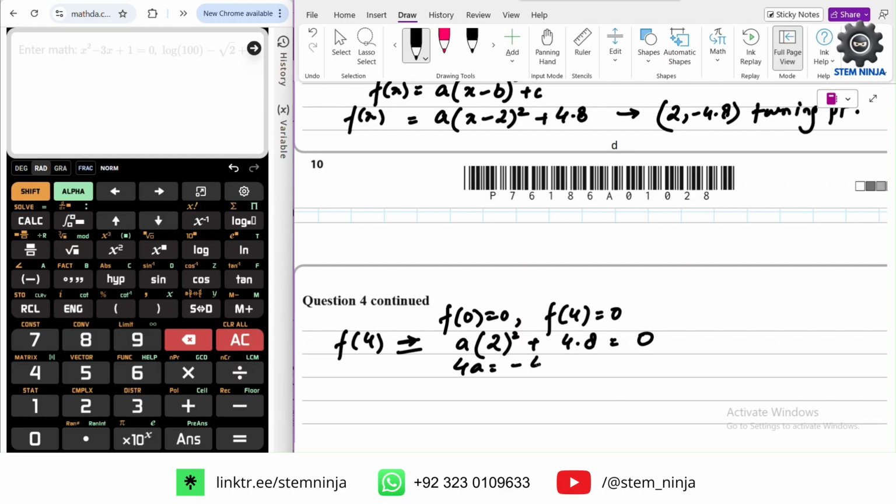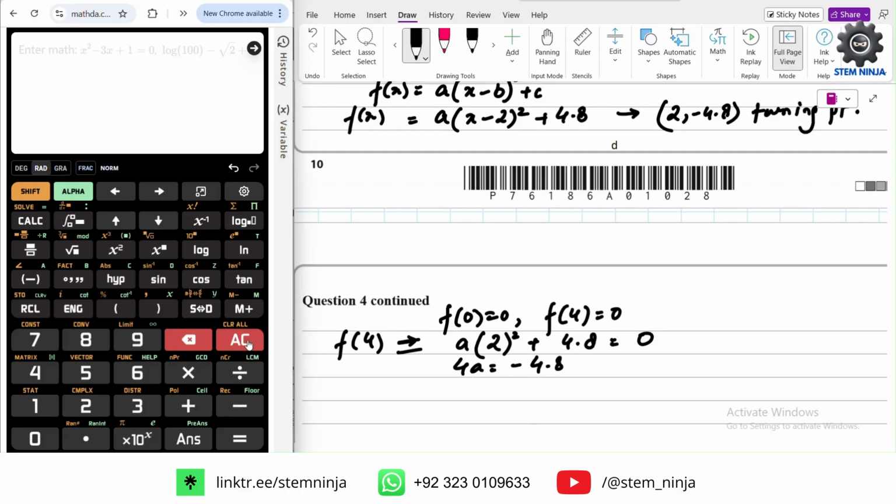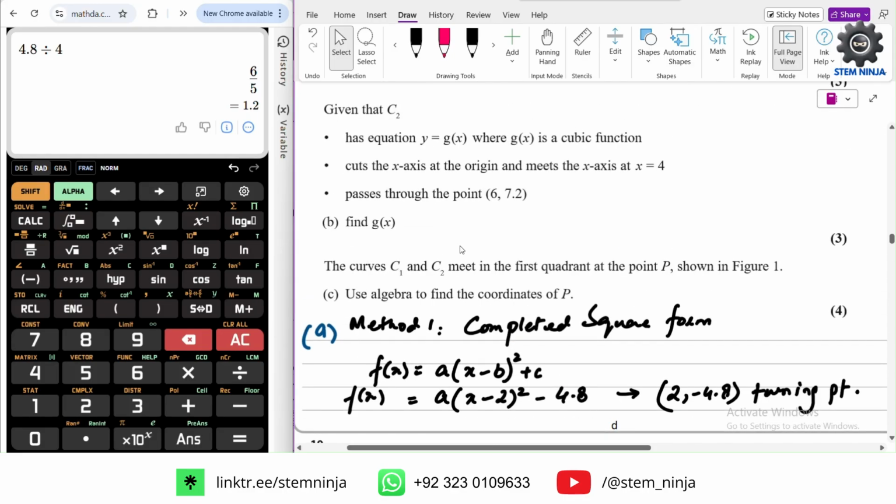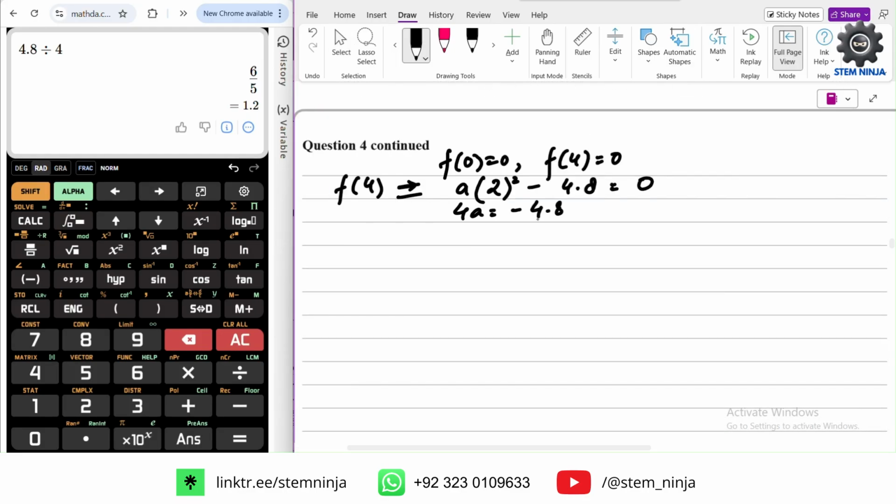So 4a equals 4.8. Oh sorry, I wrote minus 4.8 earlier, so just to make sure, this becomes plus. Right, so 4.8 divided by 4, and a would simply be 1.2 or 6 over 5.